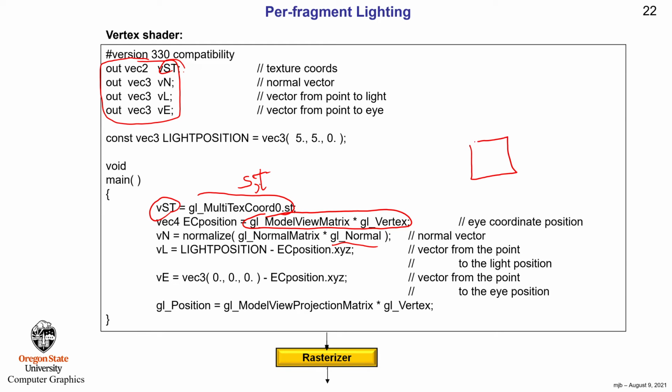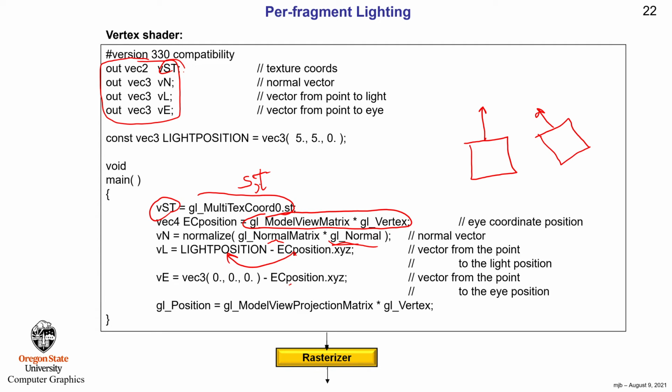If I've got this object and here's the normal of that face, if I rotate that object, I need to rotate the normal as well. Otherwise, the lighting is going to get screwed up. So here is the matrix for transforming the normal. It basically is a variation on the model view matrix. Here is the vector from where we are, the point P in our lighting notes, to the light position.